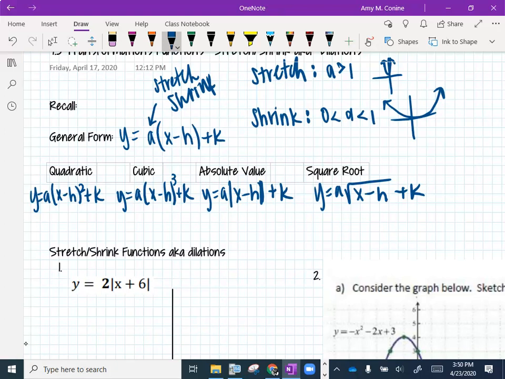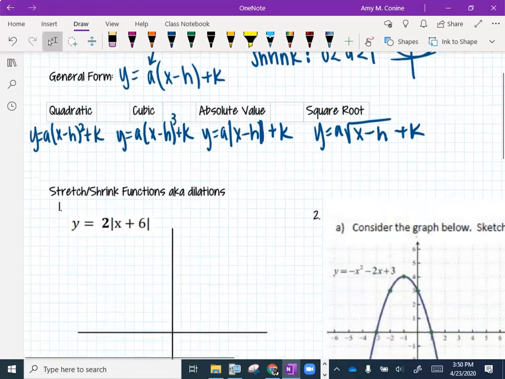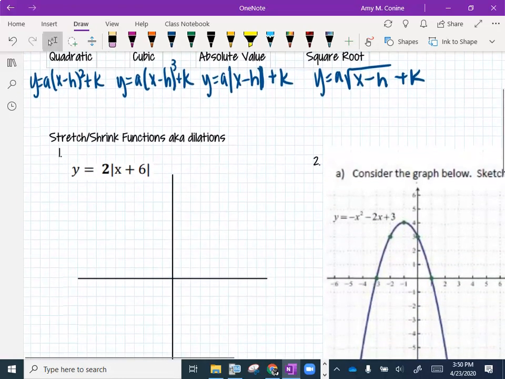We're going to practice this a little bit. There is a type of stretching and shrinking that goes in front of this x, but you guys will talk about that in Algebra 2. We're not going to focus on that. That's not something we need to do, but I just wanted you to be aware it is there.